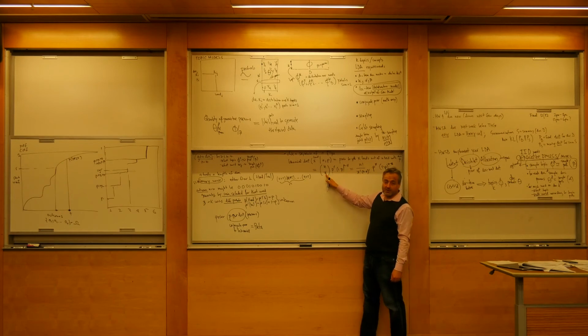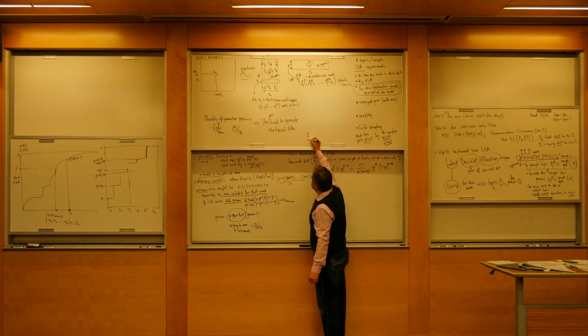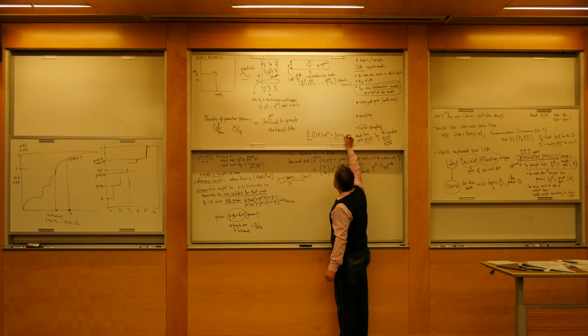You should know that these numbers sum to 1. If you sum it over all possible x's, you get probability of 0 heads, 1 head, 2 heads, up to n heads. Of course, those have to sum to 1. So that's the binomial formula. If you sum up for all x's from 0 to n, n choose x times p to the x, 1 minus p to the n minus x, you would get p plus 1 minus p to the n.